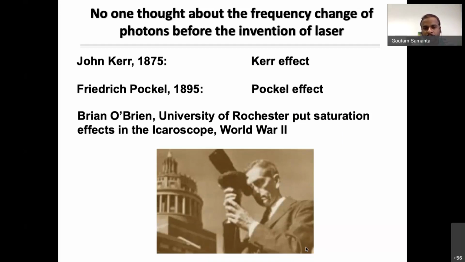During World War II, the enemy would drop bombs keeping the sun behind them, which made it very difficult to target flying objects. So he invented this icaroscope, which helped them see objects even with a bright background. In all these cases, it was basically nonlinear interaction, but nobody really thought that one could change the wavelength of the radiation using nonlinear interaction.